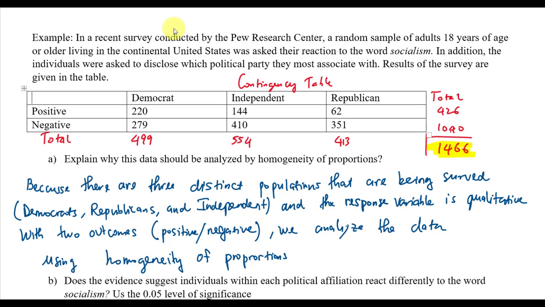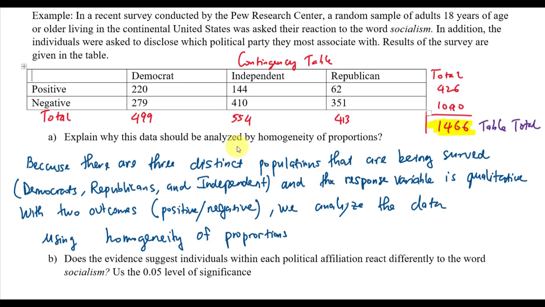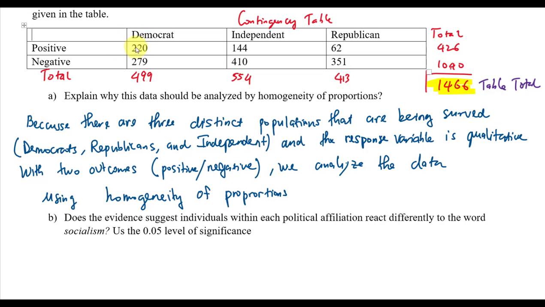We call this value the table total because this is the sum of the vertical and horizontal values. Now, inside each cell, we need to figure out the expected count. Let me just pick one example, 220. For this cell, I want to find the expected count.